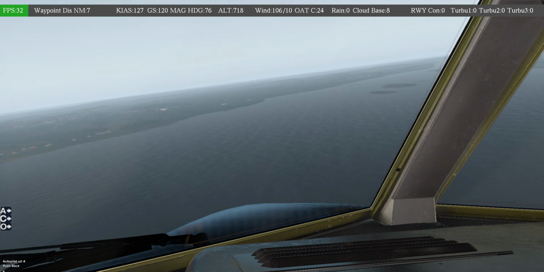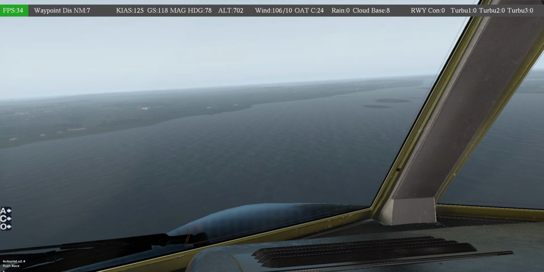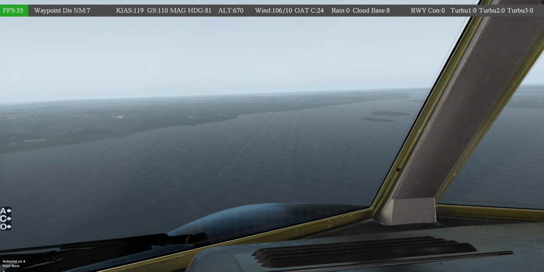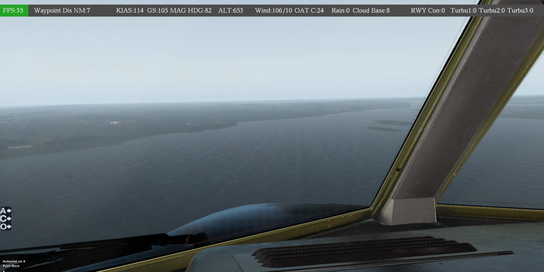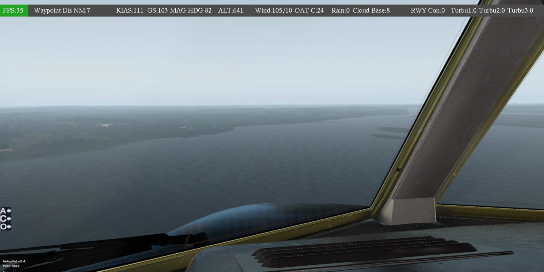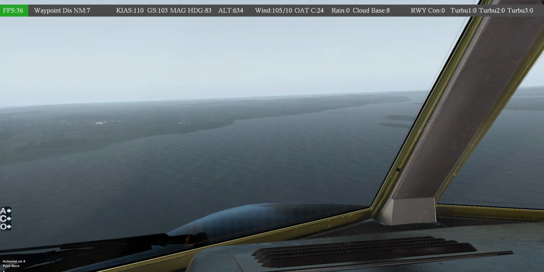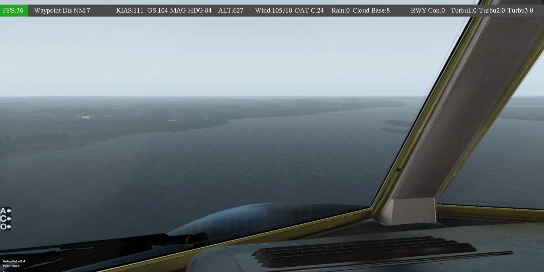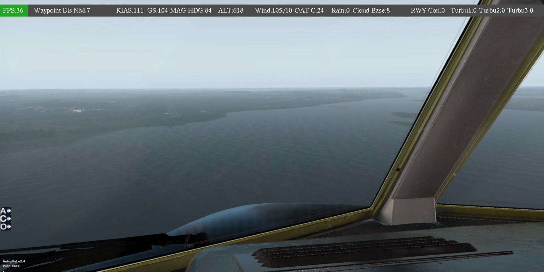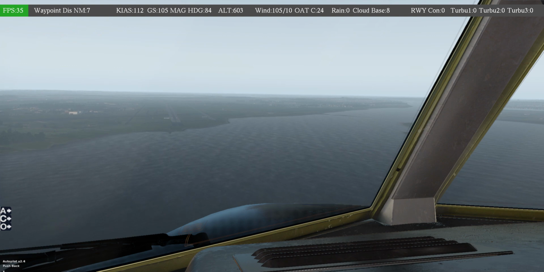Let's get the landing gear down before we actually get an aural warning for not having the landing gear down. You would actually get a warning like what you heard there shortly.